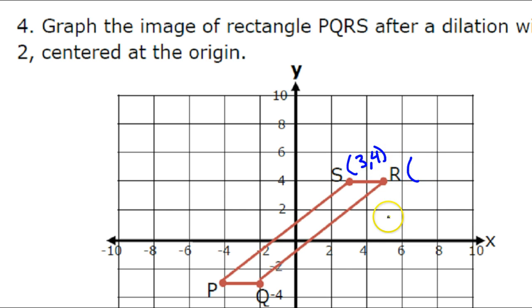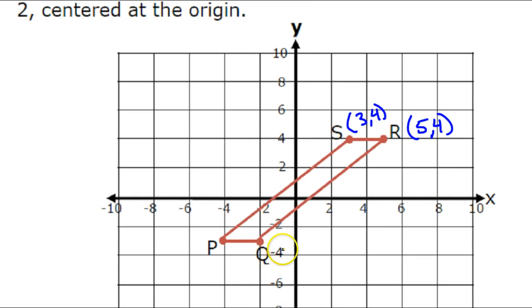Okay, and this one is 5, 4. All right, and this one is -2, -3. And this one is -4, -3.